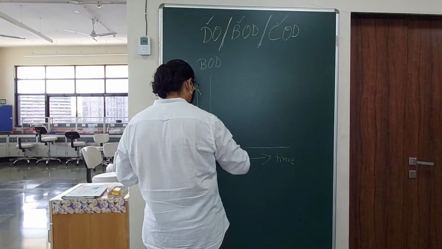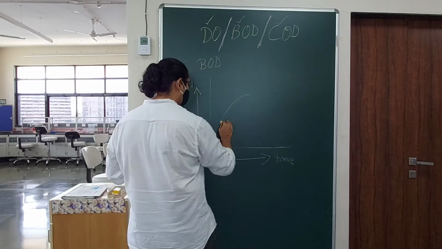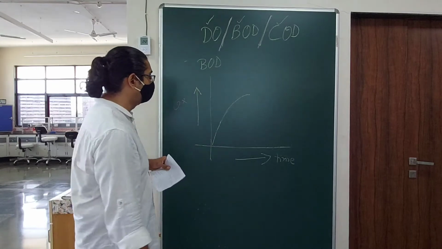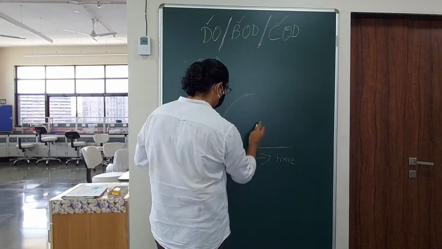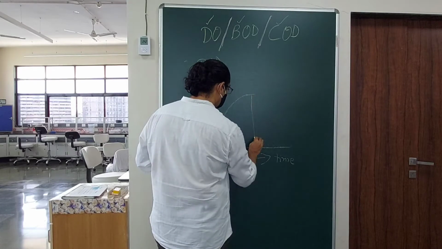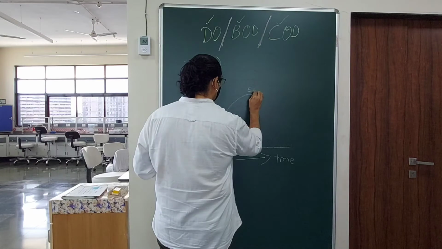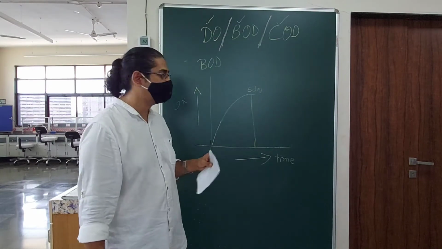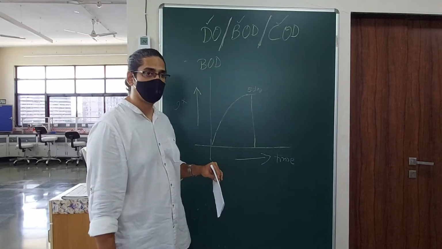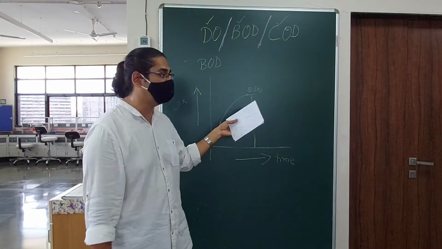So you will get a curve something like this. Around day 5, you will almost saturate the curve. That's why day 5 is most commonly used globally.